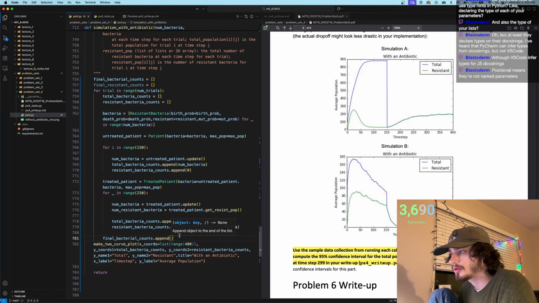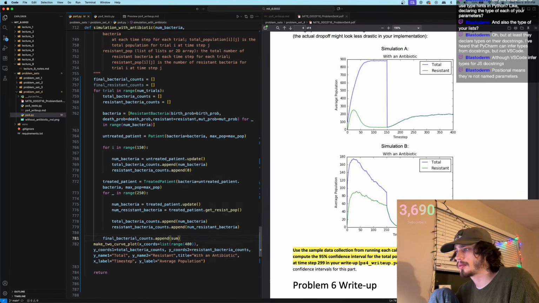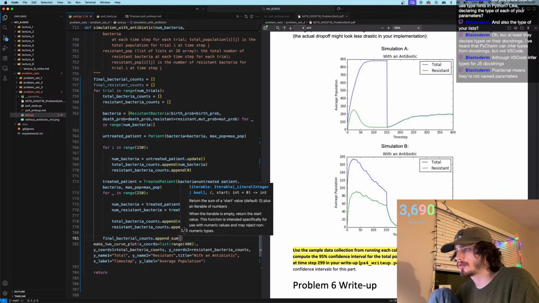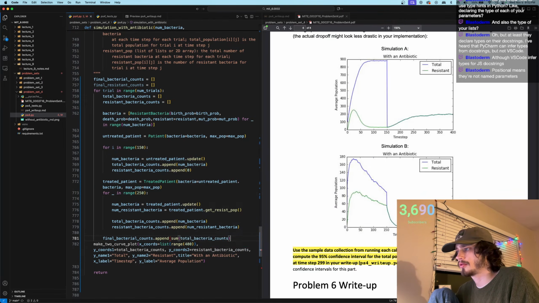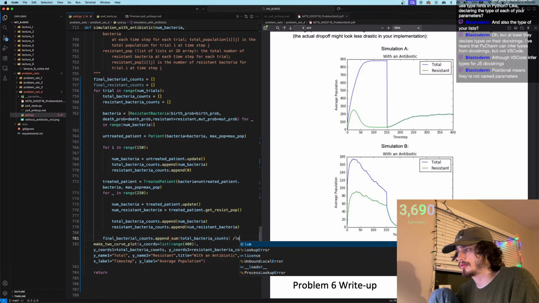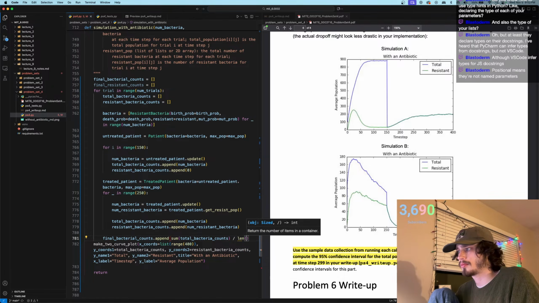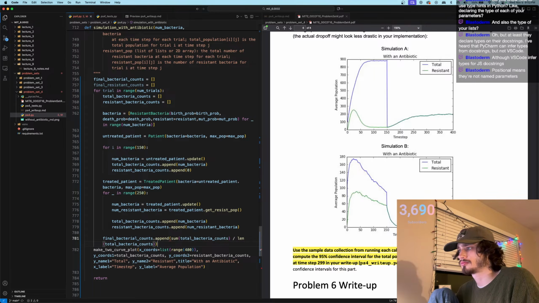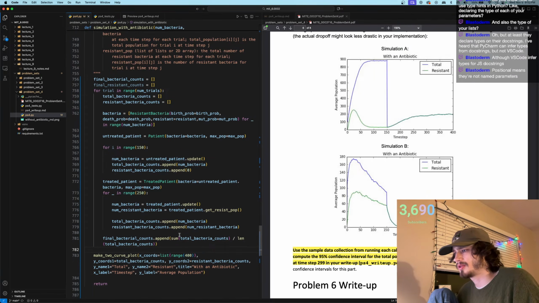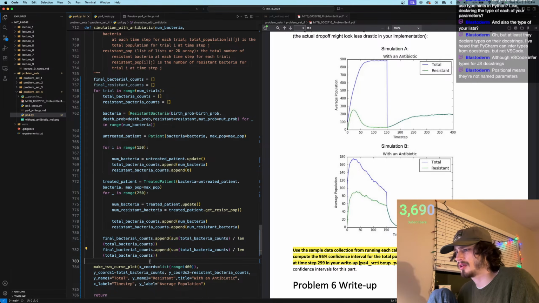So we're going to take the sum of the total bacteria counts divided by the length of the bacterial counts. And then we're going to take this same thing, but do it via the resistant counts.